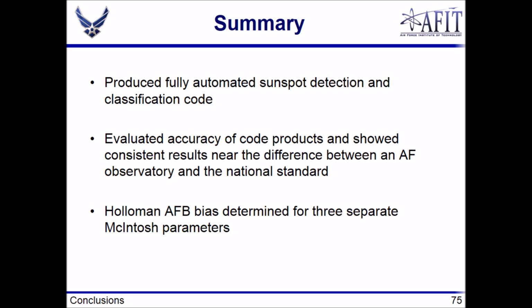I evaluated the accuracy of my code, and I showed that I get consistent results near the difference between the Air Force Observatory, Holloman Air Force Base, and the national standard, which is the Space Weather Prediction Center. And then I've determined the bias associated with the Holloman classification method for 3 separate McIntosh parameters.